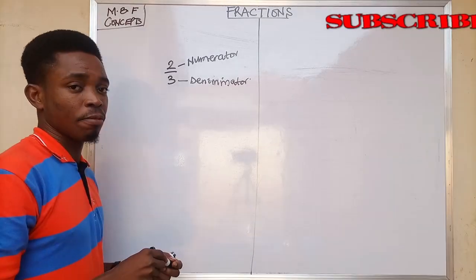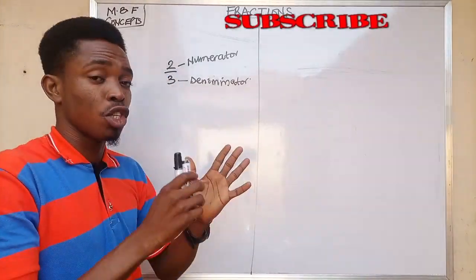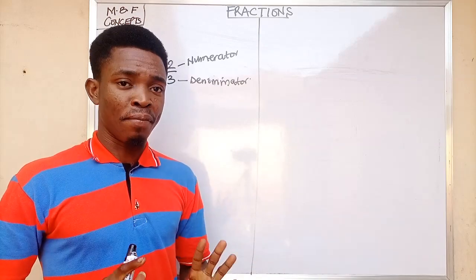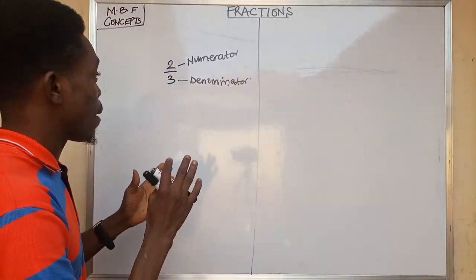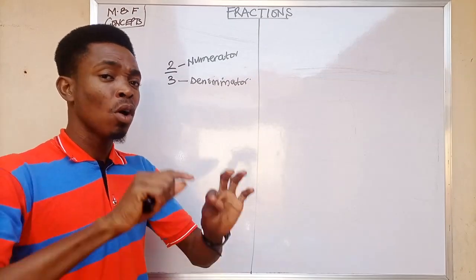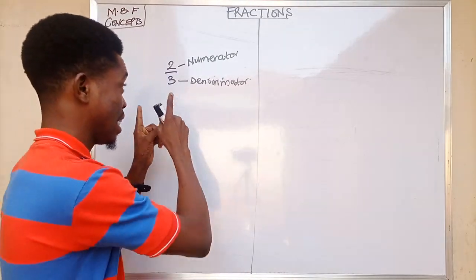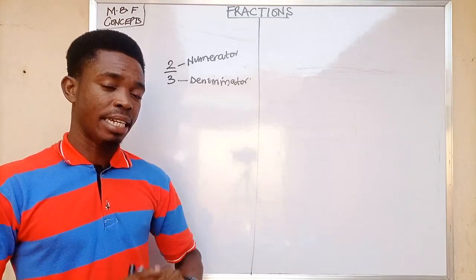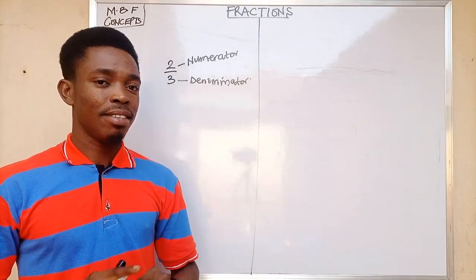So this is a fraction. Anytime you have an expression of this form, you know that you are dealing with a fraction. We said the one on top is the numerator and the one beneath or below is the denominator.